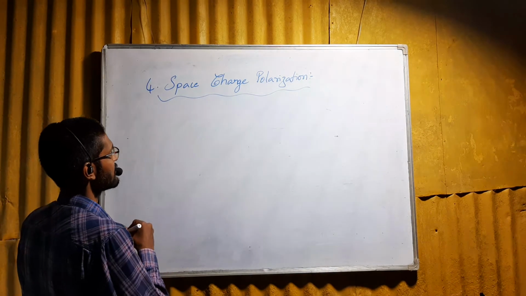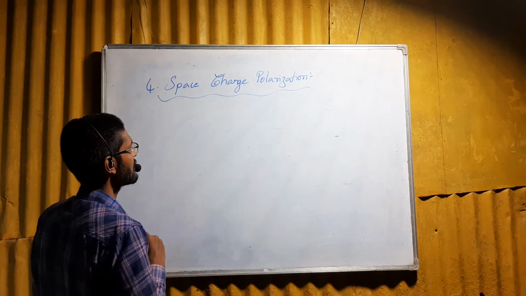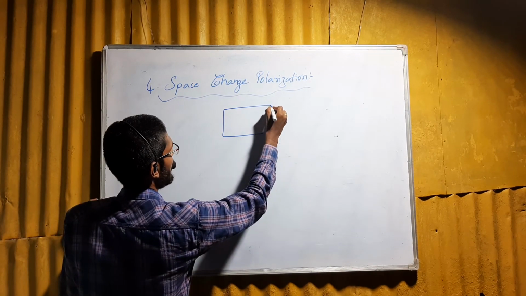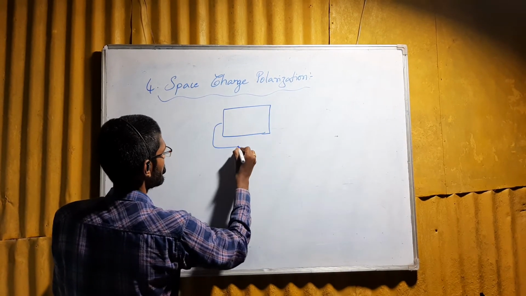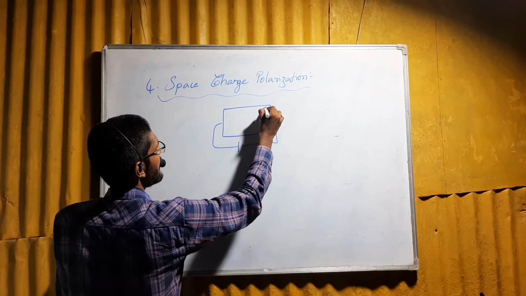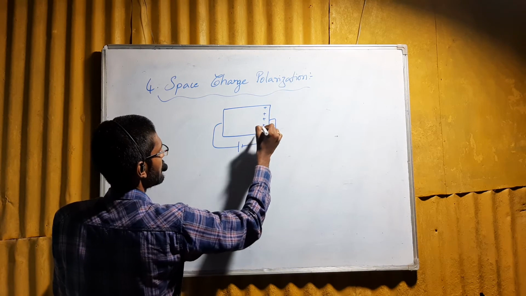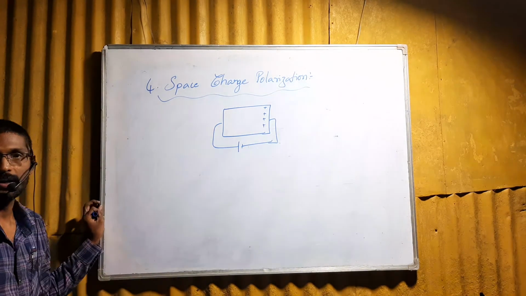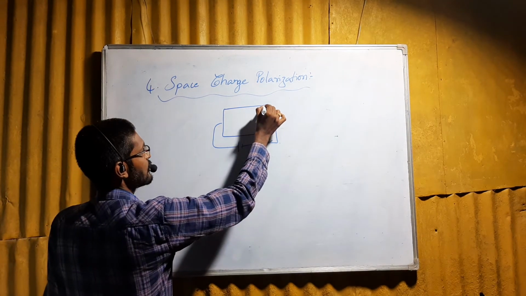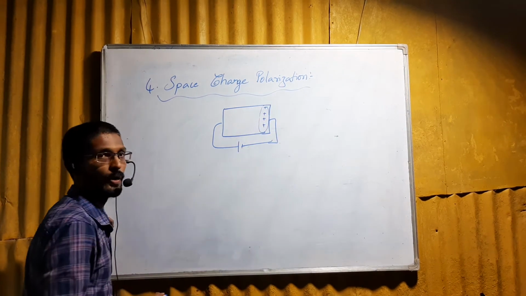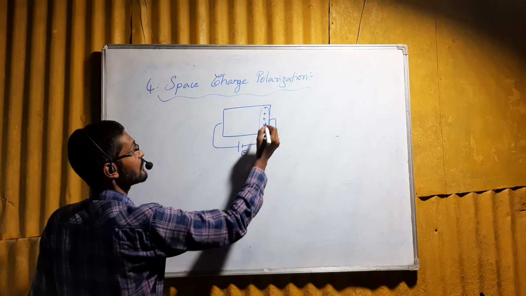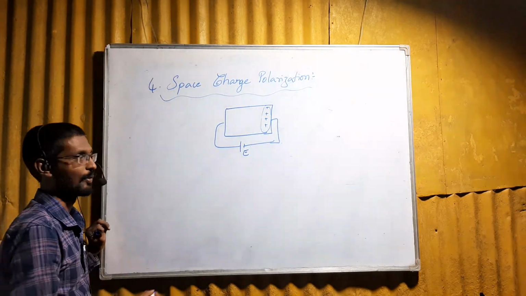Space charge polarization. Space charge polarization means that in some dielectric materials, on application of electric field, charges will be accumulated on the boundary of the interface of the materials. This accumulation of charges on the boundary of the dielectric materials on application of electric field is called space charge polarization.